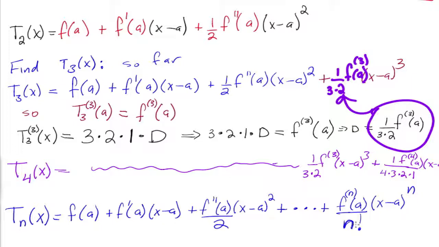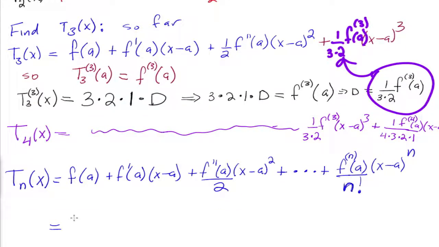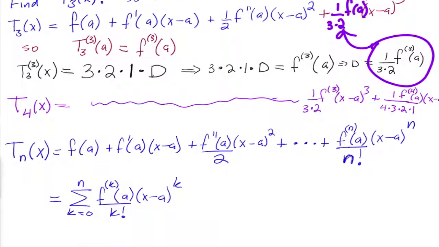So just making sure. So if I write this in sum notation, this would be the sum, k equals 0 to n, of the kth derivative at a over k factorial times x minus a to the k. So that's exactly the same formula.